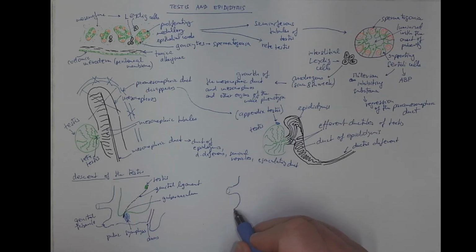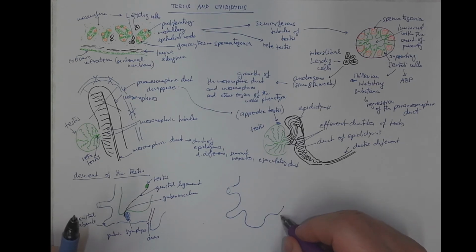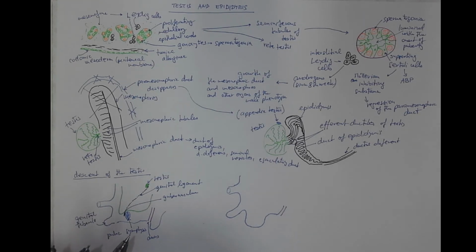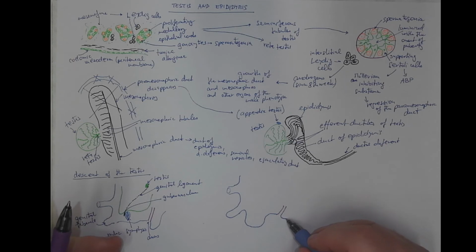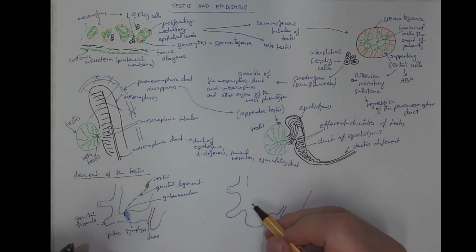Well, the genital tubercle enlarges because it will form the penis, and also here in this region we got lateral scrotal swellings that will become the scrotum. Here will be perineum and the anus with the rectum. And also the peritoneal membrane forms a vaginal process here in this direction.